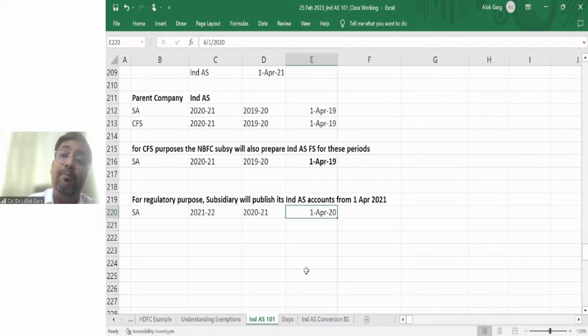Now the subsidiary has to prepare Ind AS accounts again, considering the transition date as 1st April 2020, which is the regulatory transition date.